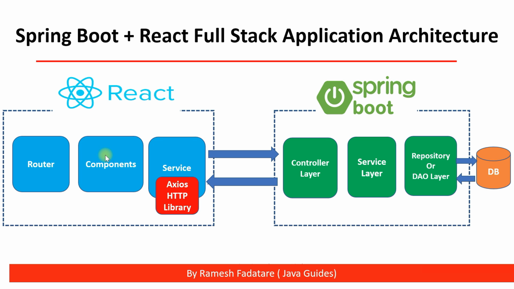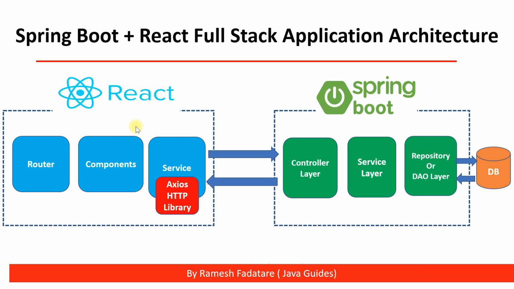Different components are there in React, that is functional components or class components, and we can use React hooks in the components. We typically keep all the REST API calls in a service layer, and we inject the service layer in components, and we call its methods from the components.